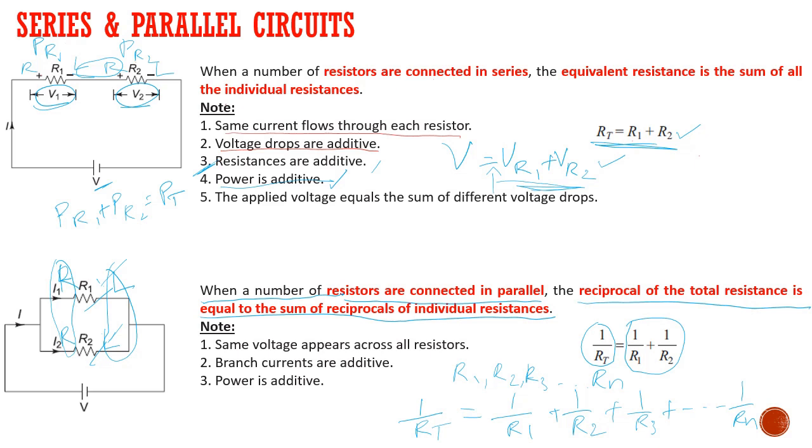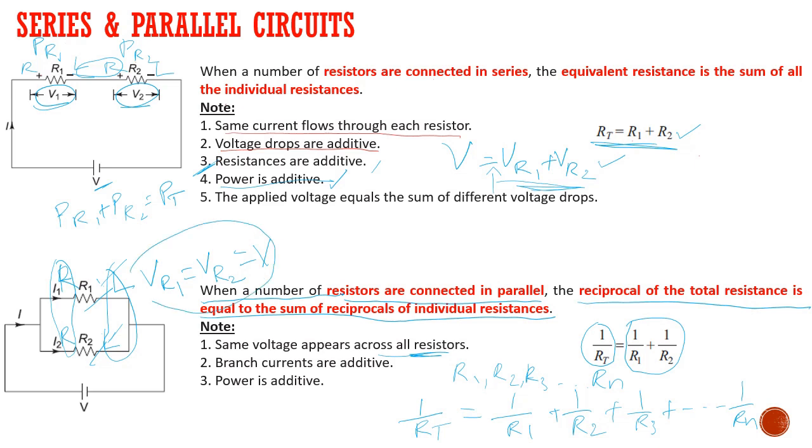And we also see a few points for the parallel connection. The first one is that the same voltage appears across all the resistors. When R1 and R2 are connected in parallel, the voltage must be the same. That means VR1 must be equal to VR2, which must be equal to the supply voltage, because these two resistors are connected in parallel to the supply.